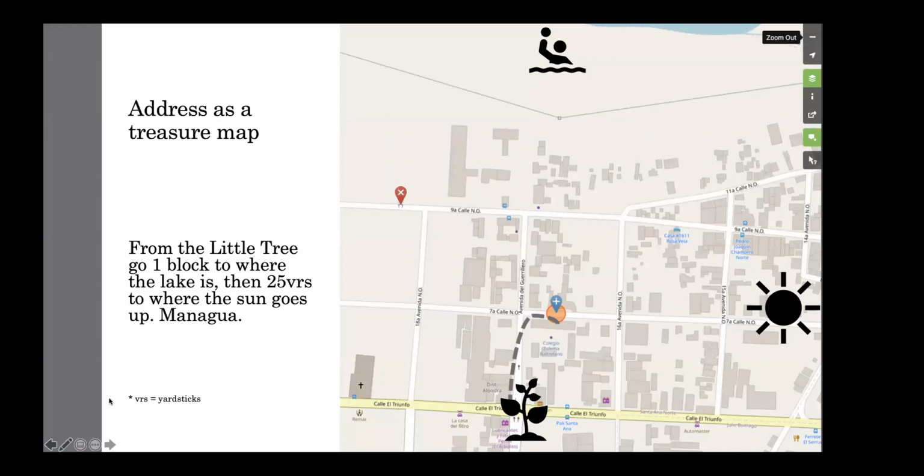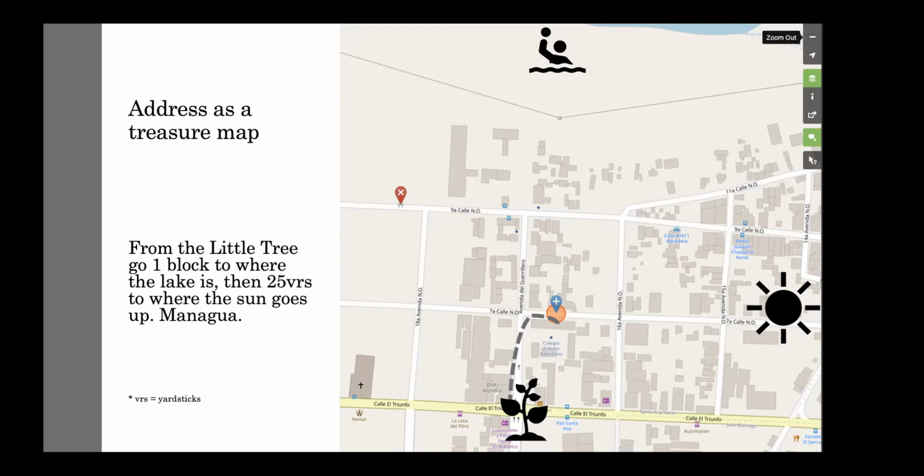Let me try to explain very quickly how we can make sense of these addresses we use here in Nicaragua. It is better if you think about them as an indication, or shortened indication, of a treasure map. We can see a little tree represented there. This is actually just a reference that can be any other type of place.